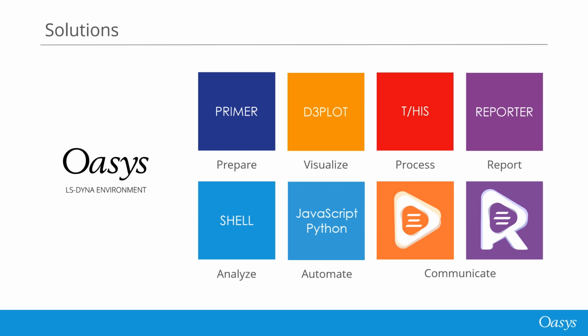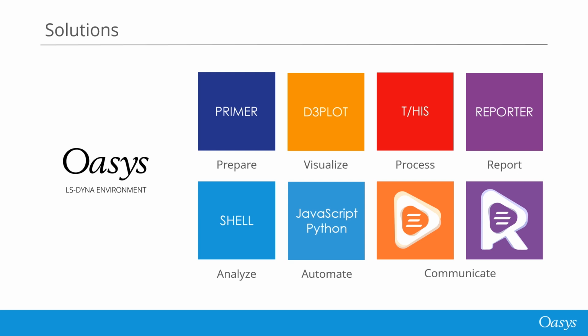We have Shell, a comprehensive LS-DYNA submission tool, which also provides functionality for running our applications in different ways. For example, automatically post-processing multiple jobs in one go. We have scripting capability embedded across all applications, which makes it easy for you to automate and customize.